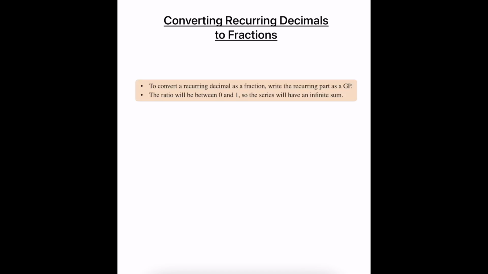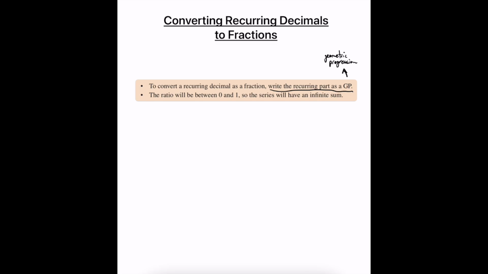What we see here is the general process of how we go about solving these types of questions. When we receive a recurring decimal, we convert it to a fraction by writing the recurring part as a GP. If we don't know, GP stands for geometric progression or a geometric series, which means it is a sequence with some sort of common ratio.